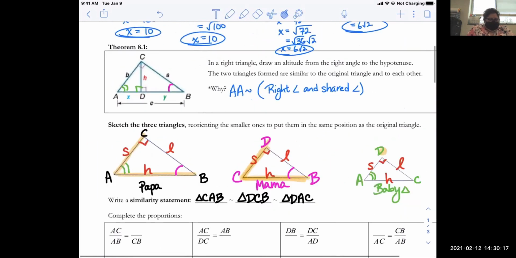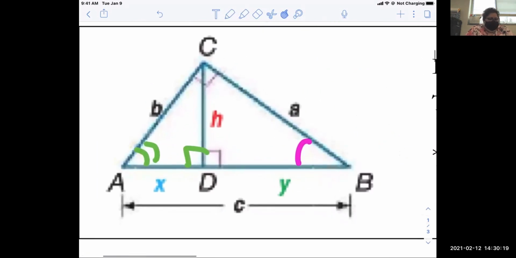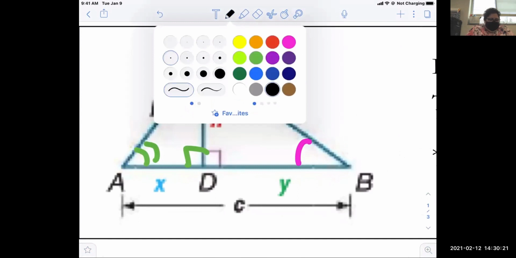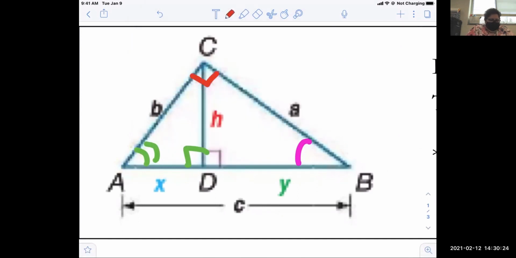Now, if I look at it on here, I can do the same thing without having to redraw them. So here are my right angles. On Papa Triangle, I go from the right angle along the short leg along the hypotenuse. Then on Mama Triangle, I can go from the right angle along the short leg along the hypotenuse, DCB.